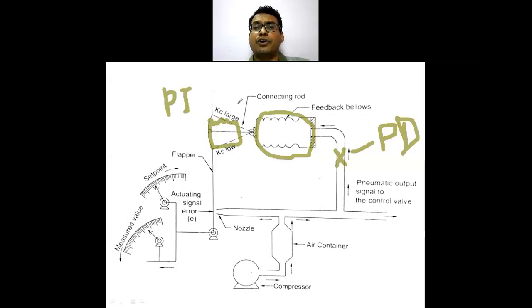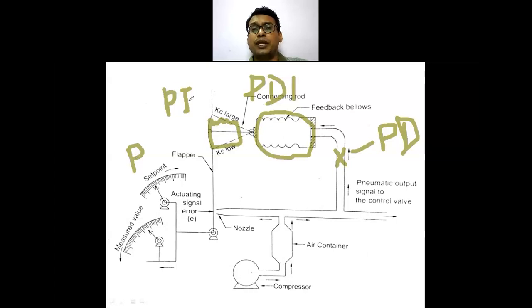And the fourth case is the proportional, derivative and integral controller. So there are four types of controller available: a proportional controller, a proportional derivative controller, a proportional integral controller, and a proportional derivative and integral controller.